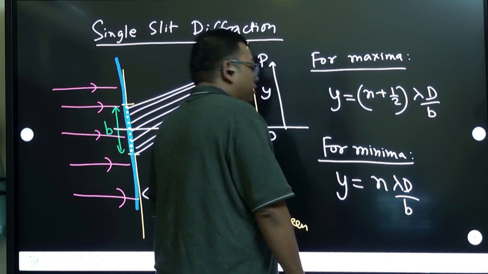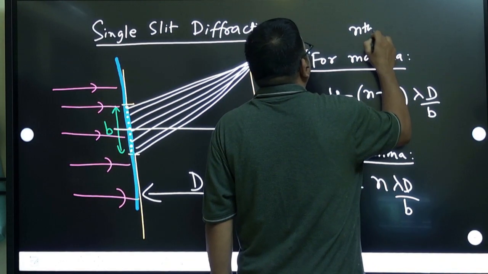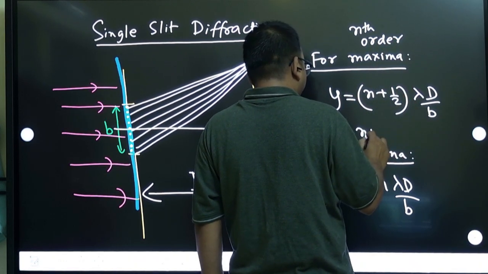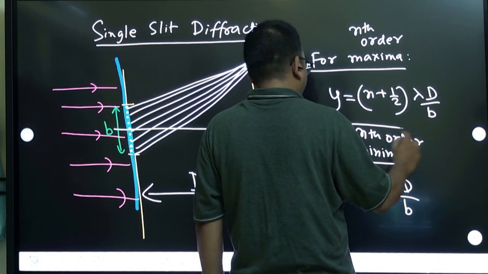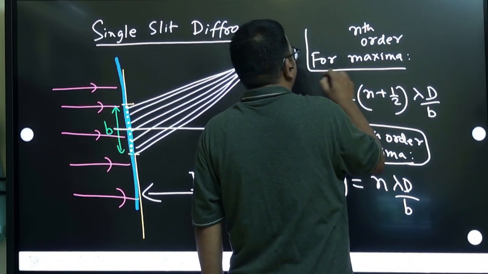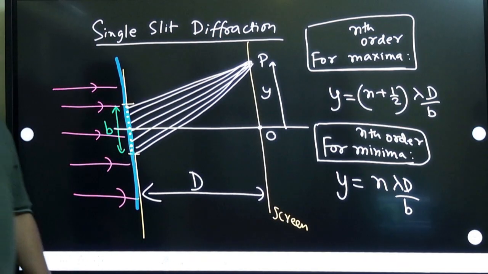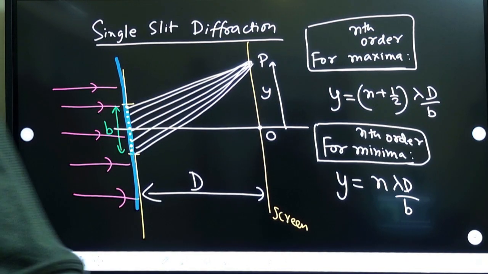Remember, this is the nth order maxima, and similarly this is the nth order minima. That's the formula. Here you see the formula has become just the reverse, right?